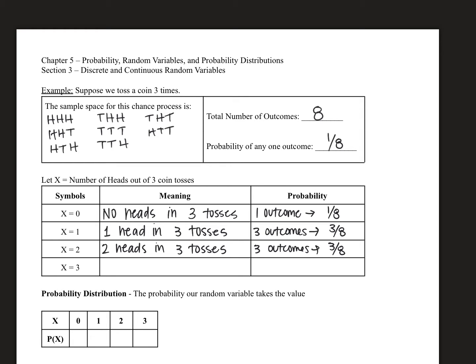And lastly, X equaling 3 is 3 heads in 3 tosses, which there is 1 outcome. So its probability is 1/8. And just to double check, my probabilities do add to 1. 1/8 plus 3/8 plus 3/8 plus 1/8 is 1.